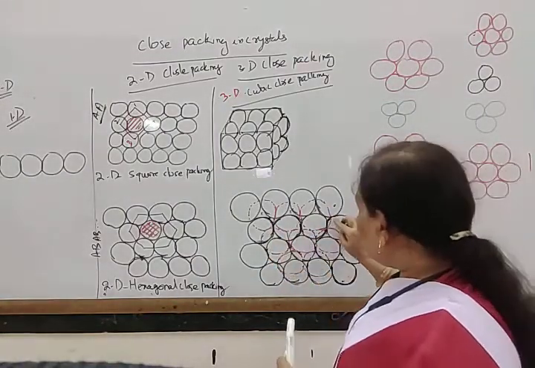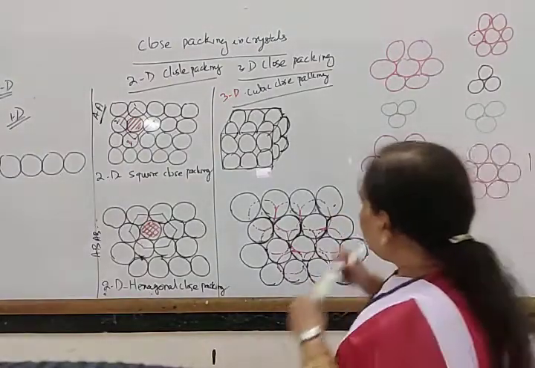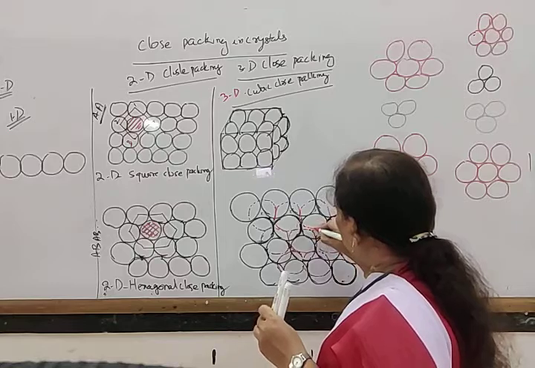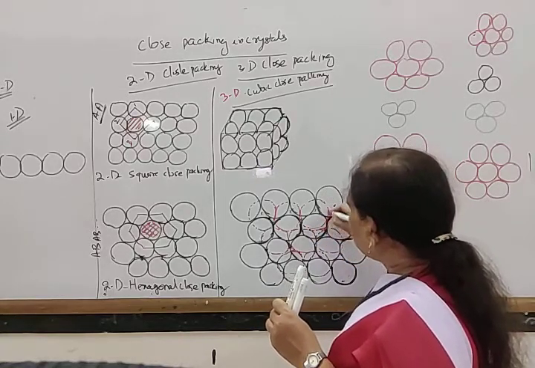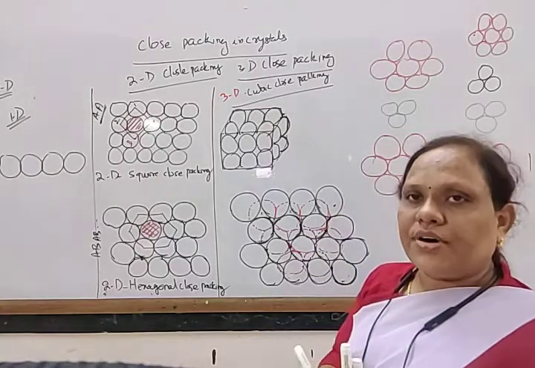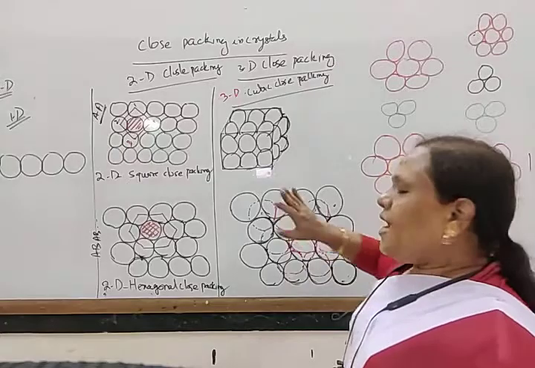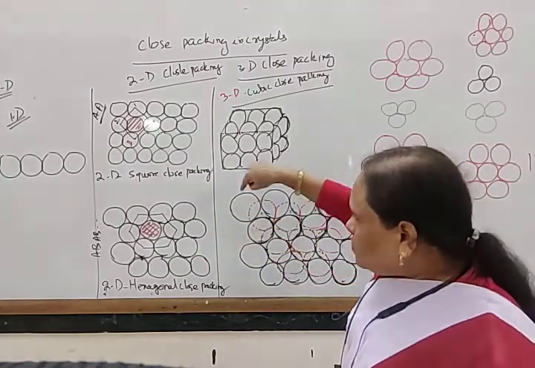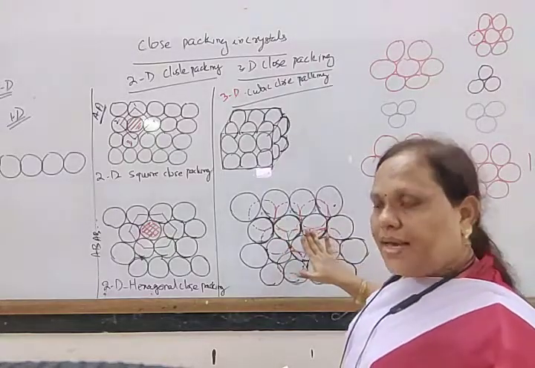Look here, in this case it only covers the cross interstitial space, but the dot interstitial space is not covered. So this will remain vacant. In this way this forms one type of layer, and this layer forms another type of layer.